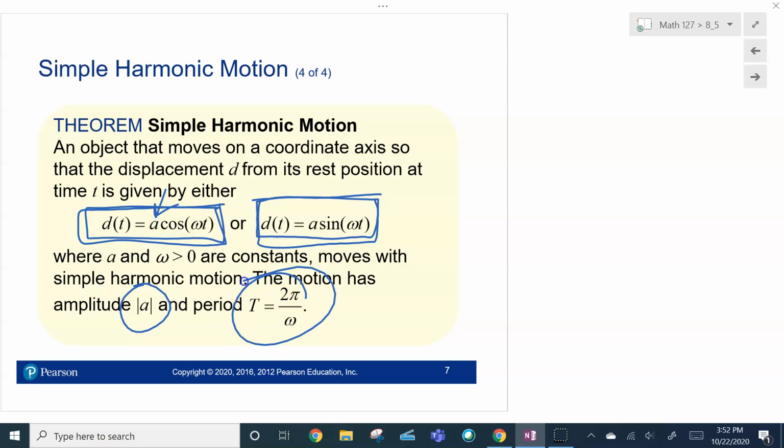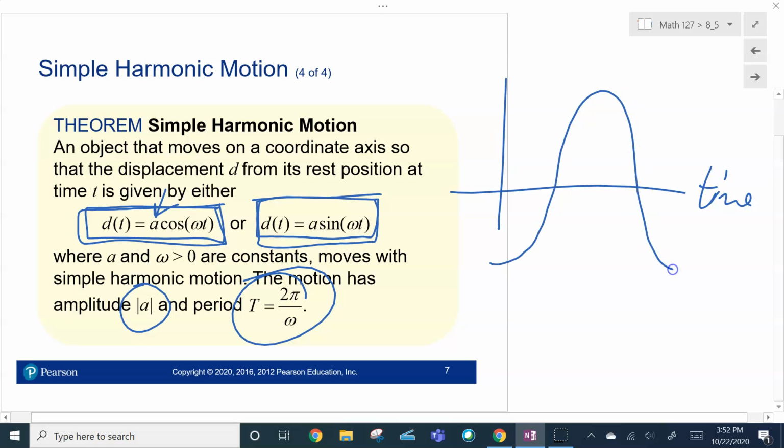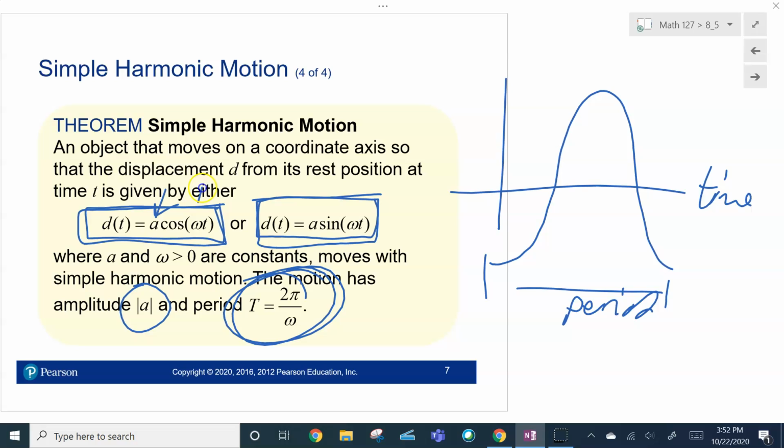And then our period. So how long it takes, for example, if we stretched out that spring, let it go, how long would it take to get back? That's our period, because we have time. How long does it take? Well, the period is 2 pi over omega, whatever omega is.